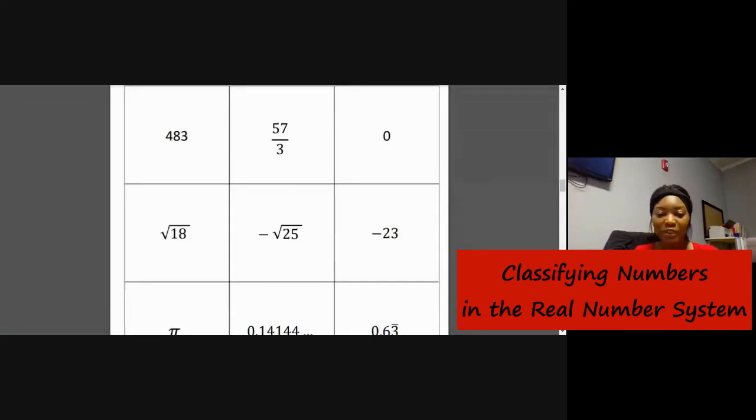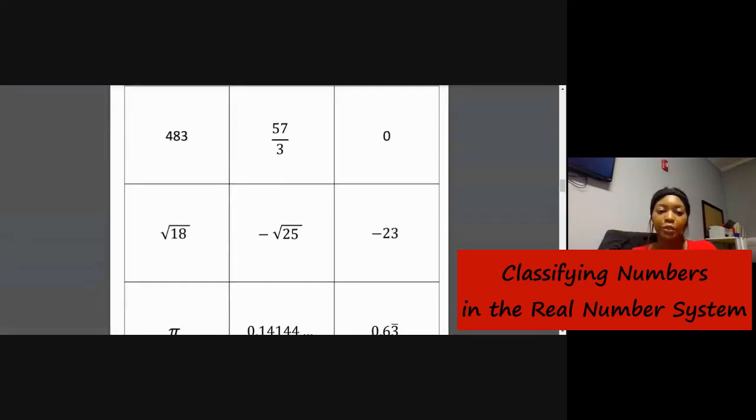All right, I'm going to post the answer. It is rational, which I'm going to say a Q for. It is an integer, so I'm going to say Z. And it is whole. It is rational, it is an integer, and it is whole. It's not natural.